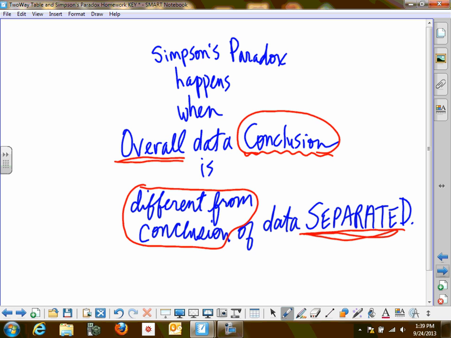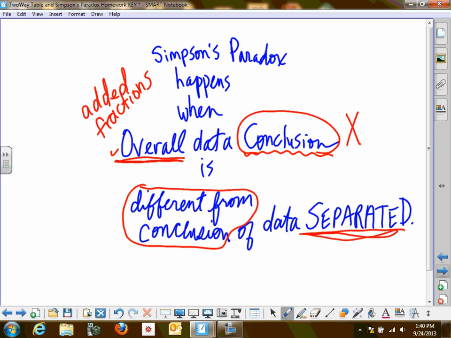The overall is wrong because the way they came up with the overall data is if they did it by adding fractions with unlike denominators, then that's wrong. If they did it by adding percentages, those are actually okay to add, and we'll talk about that in a second. So that's good. Basically, if you're coming to a different conclusion, then they did the wrong way here, and the overall is wrong.